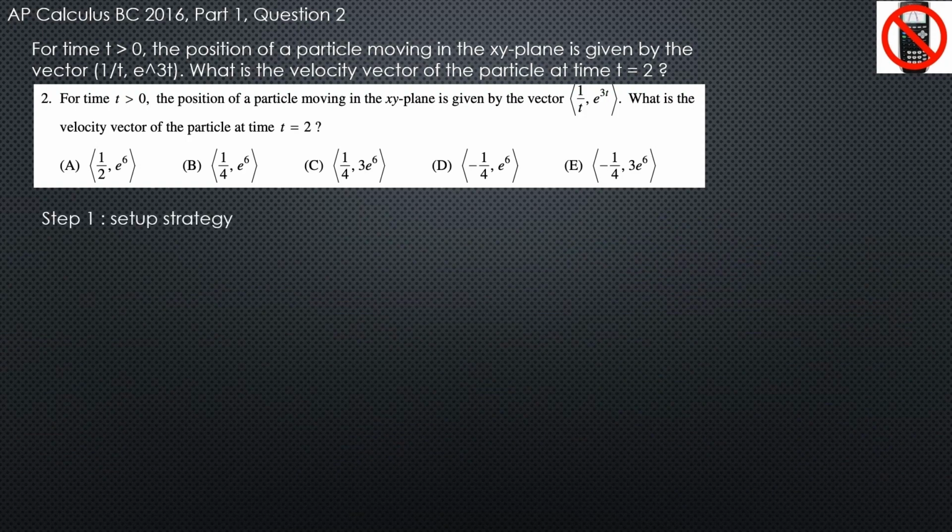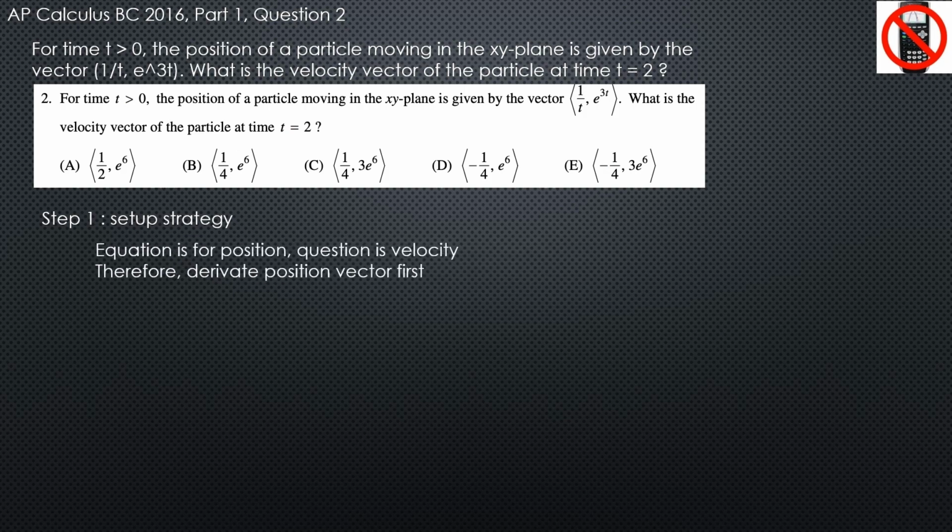Let's analyze the question. The equation is for position, the question is about velocity, therefore differentiate the position vector first.